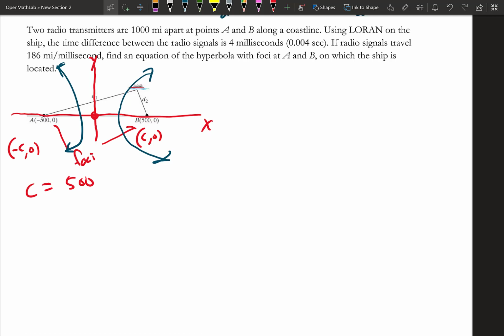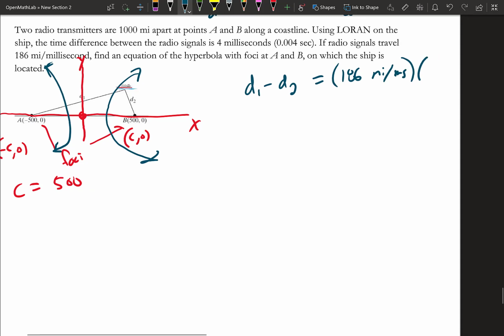Some things that we can know is that d1 minus d2 is going to be equal to the rate times the time, right? That was provided on that page in the application. So that would be 186 miles per millisecond times 4 milliseconds, which gives me 744 miles, right?